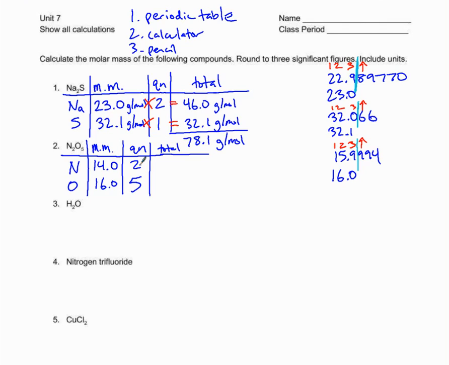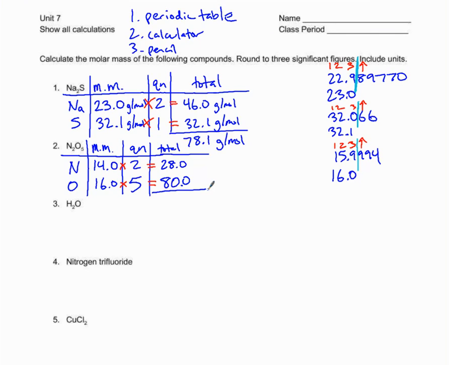So 14 times 2, let's write that in. The multiplication sign and the equal sign are not necessary here. I just want you to see it. 28.0 and 16 times 5 is 80.0.